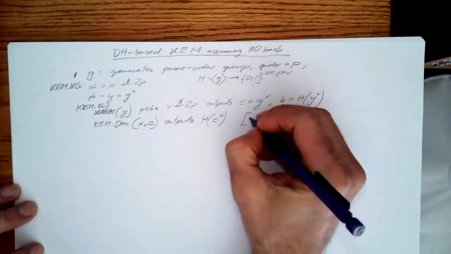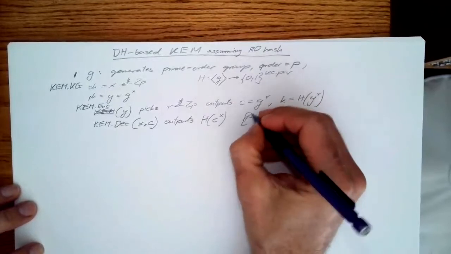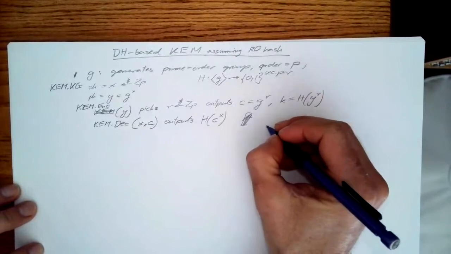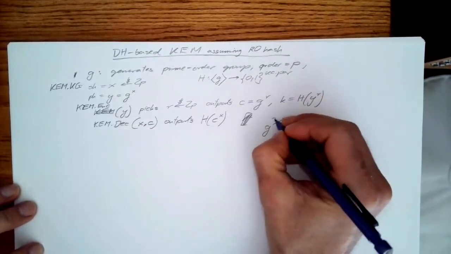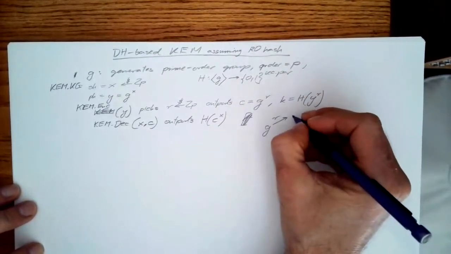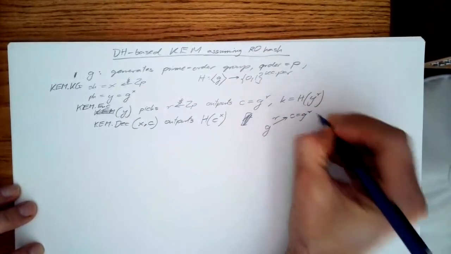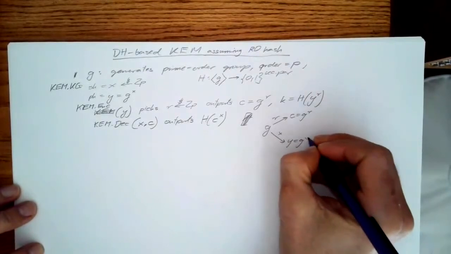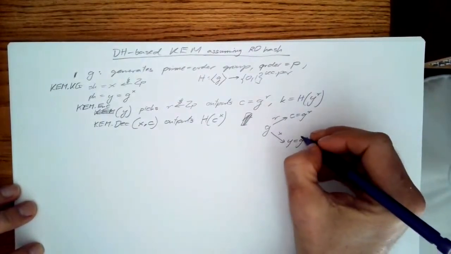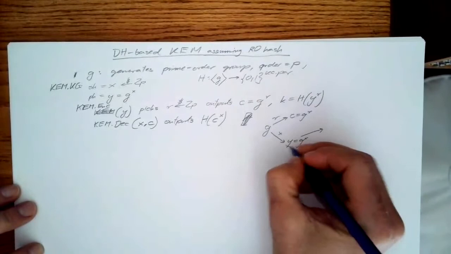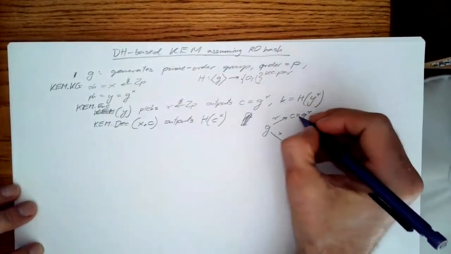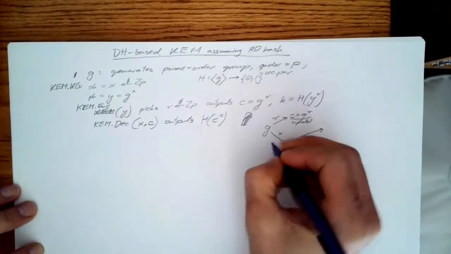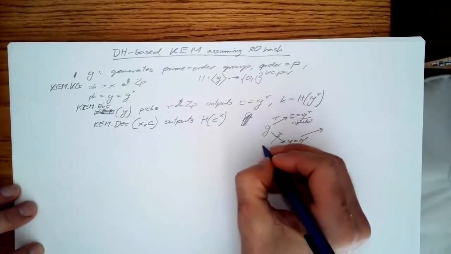And you can see, right, that this is a Diffie-Hellman. G exponentiated to R is C. Exponentiated to X is Y. And the encryptor uses the public key. So this is the public key, and this is the ciphertext. And this is the secret key.